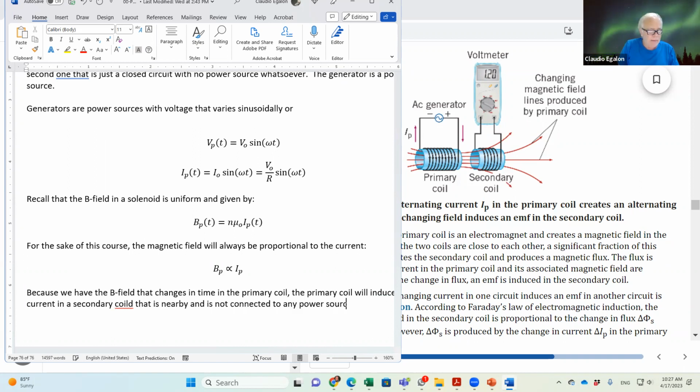And that's exactly what you have there in the drawing. This magnetic field that's changing in time is inducing a current in the second coil.